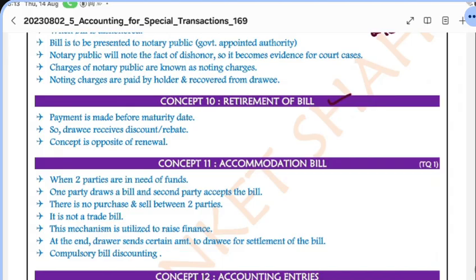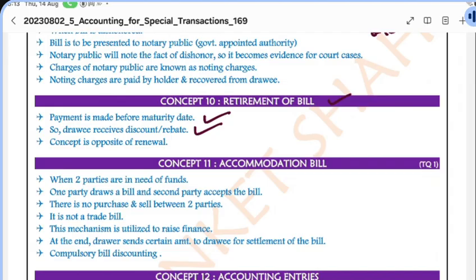Okay. So now, payment is made before maturity date. Drawee receives the discount or rebate. Now, when somebody makes the delay, you are receiving interest. When somebody makes the payment early, you need to reward him. So that is called rebate or discount.